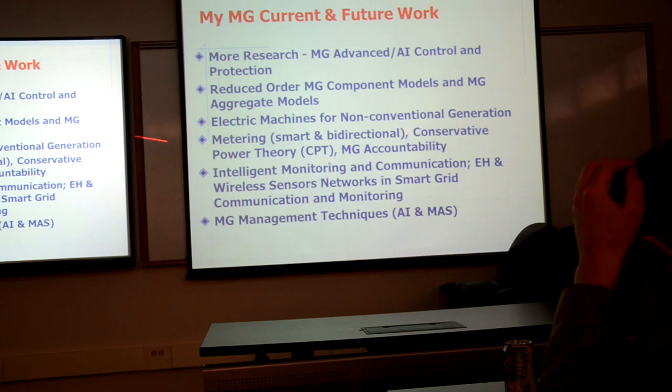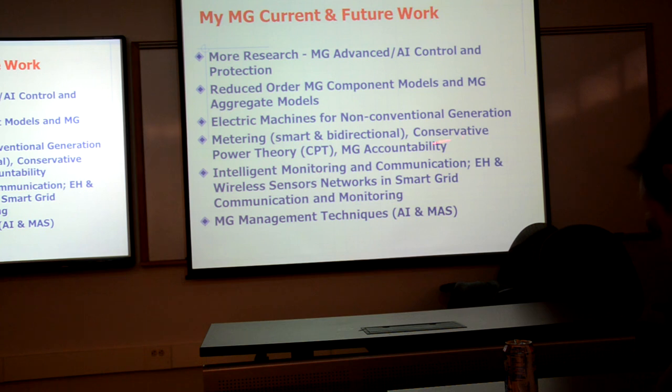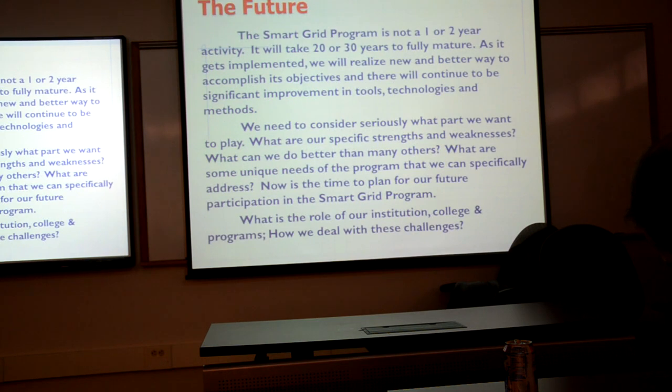I'm moving to metering. I'm working with, I didn't include here, what is named the conservative power theory, which is an adaptation of the traditional power theory for the microgrids, especially in terms of metering and accountability in the microgrid. Those are my major areas of research that I have.